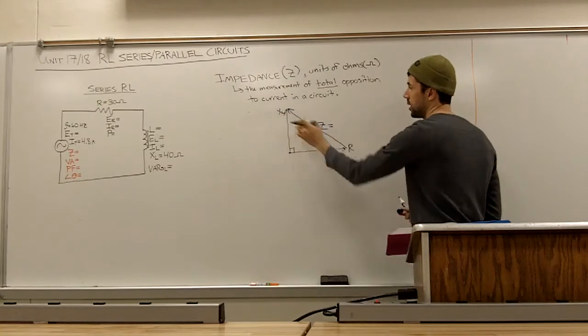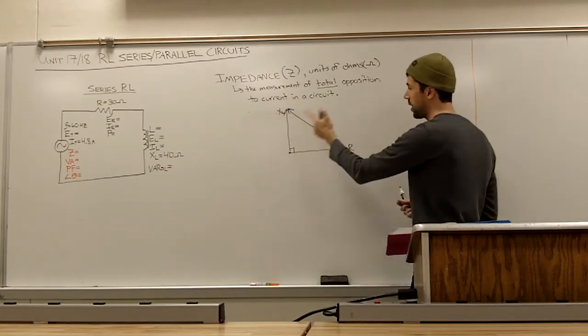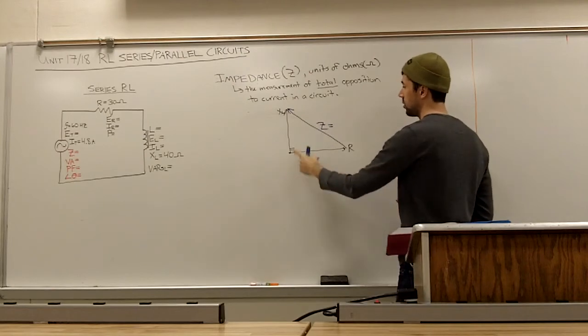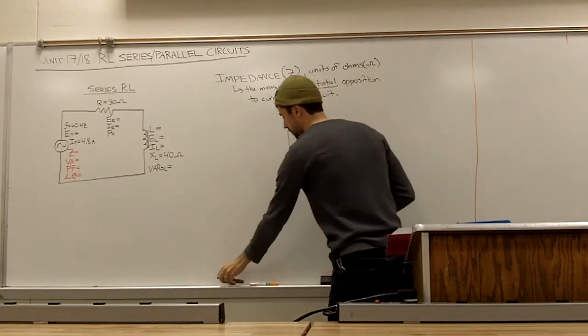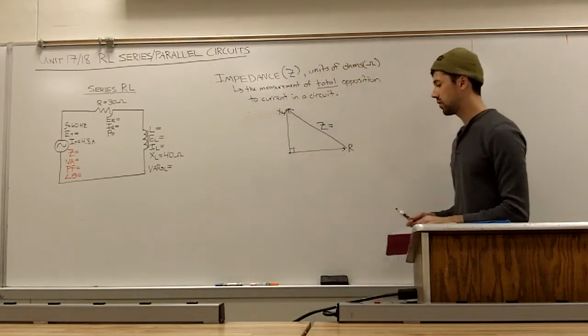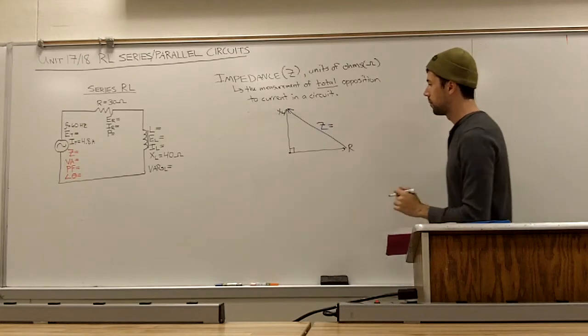We are adding resistance and inductive reactance, but we are adding them vectorially. And so the sum of these two vectors gives me this resultant vector, and that will be our impedance Z. So how do we find this? We find this using the Pythagorean theorem.